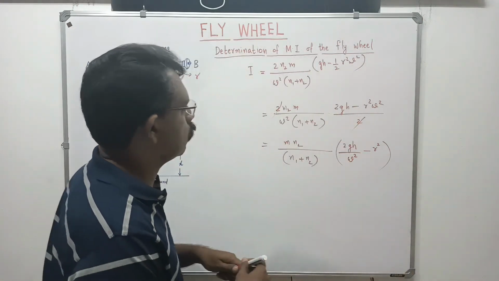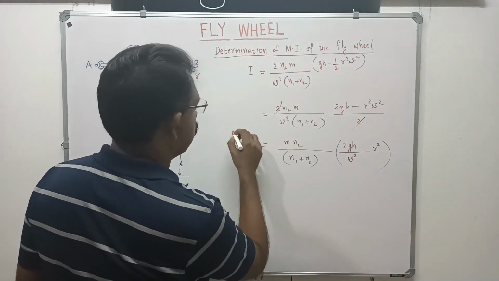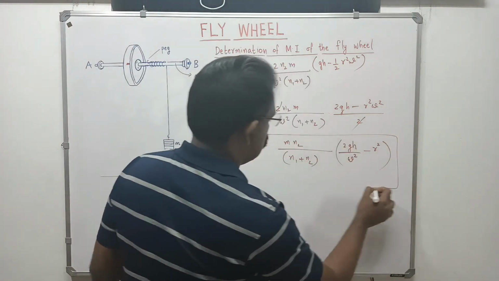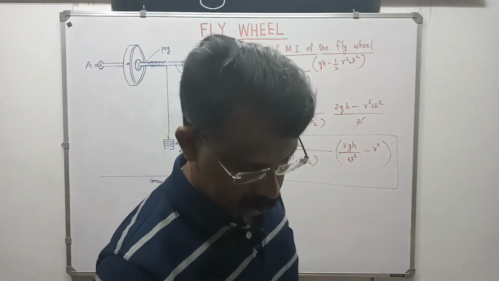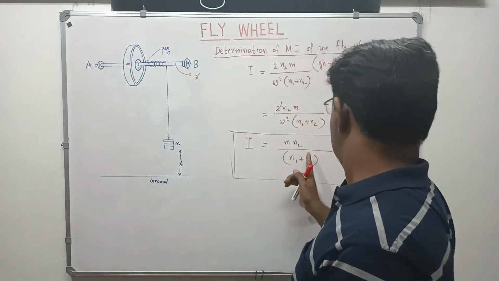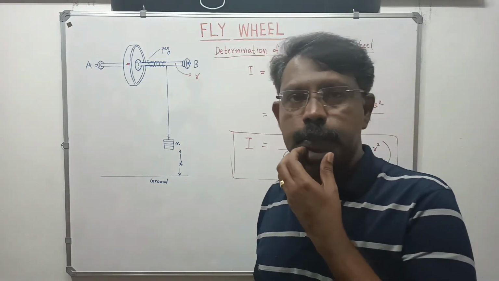So this is the final equation for I. This is the moment of inertia of the flywheel: m n2 by n1 plus n2 into 2gh by omega squared minus r squared.